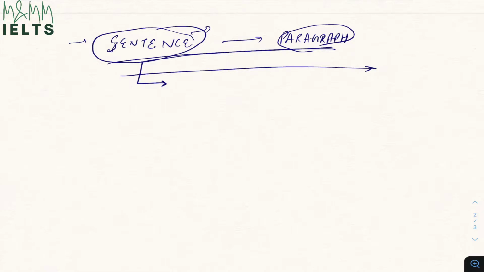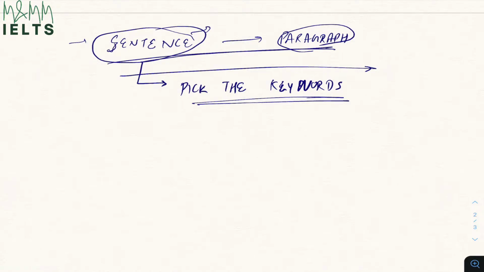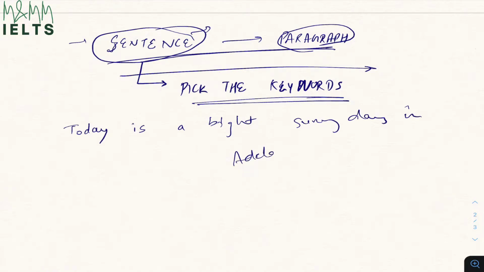When you read out the sentence, always and always make sure you pick the keywords out of the given sentence, not the complete sentence, because your brain cannot remember every single word. For example, if they would have said, today is a bright, sunny day in Adelaide, there's no way I can remember these 8, 10 words and then start reading out the paragraphs in a row.